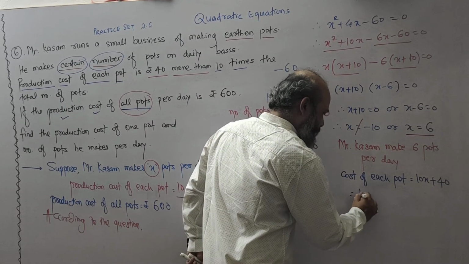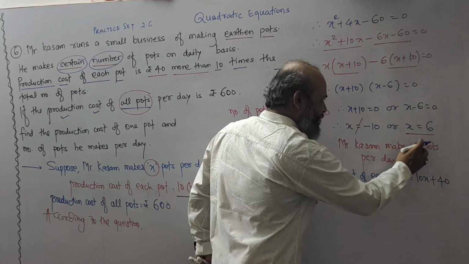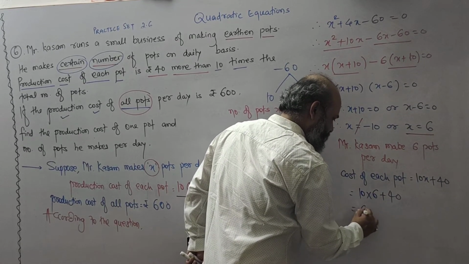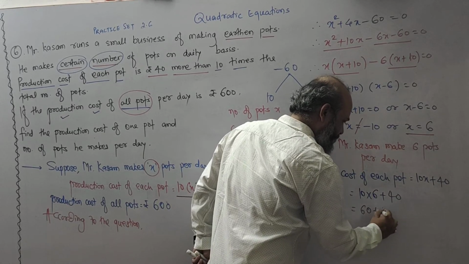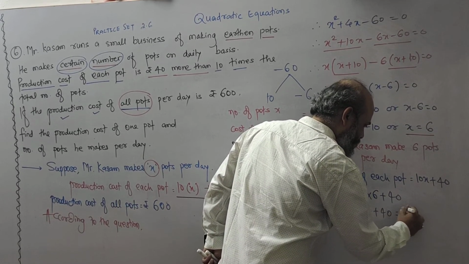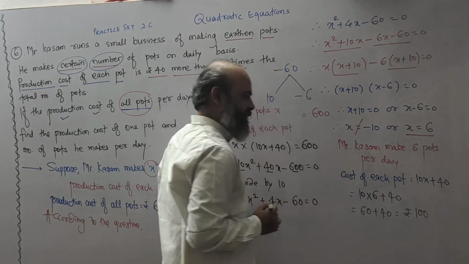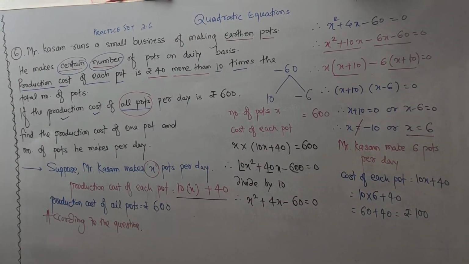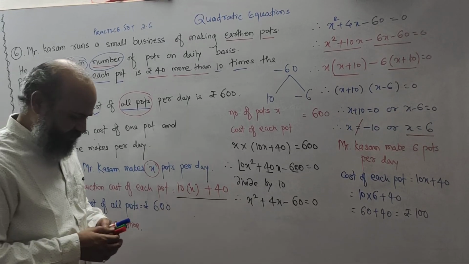Putting x as 6, this is 60 plus 40, which is equal to rupees 100. The production cost of each pot is rupees 100. So this is our answer.